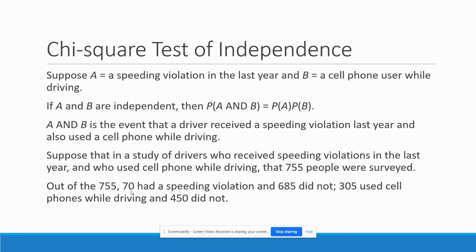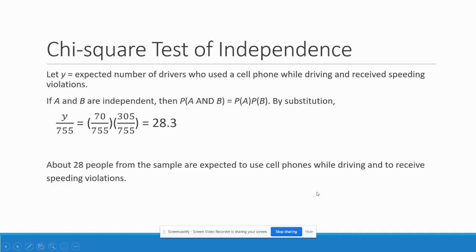Remember, 305 used their cell phone while driving. So that's what we did. We put 70 divided by 755 times 305 over 755. And if we solve that for y, you get 28.3. So that is the expected number of people who used their cell phone while driving and received a speeding ticket.